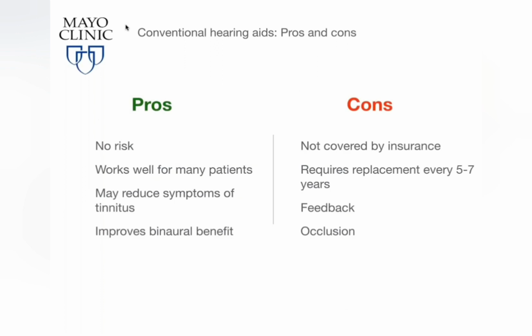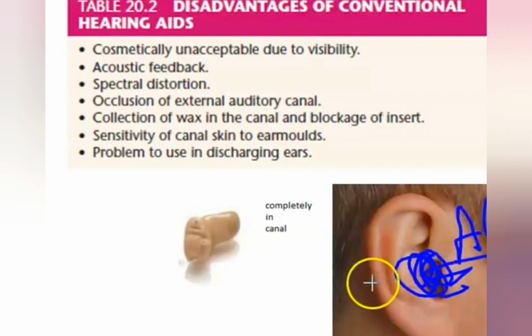So the air basically vibrates between your hearing aid and the eardrum. It's also cosmetically not very appealing, and sometimes it leads to collection of wax medial to the hearing aid. If the ear is continuously discharging, then you cannot use the ear mold in the ear.